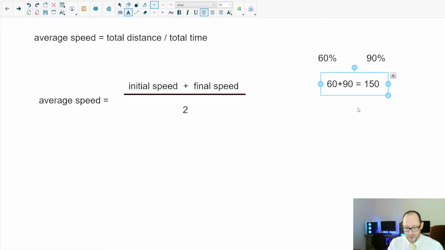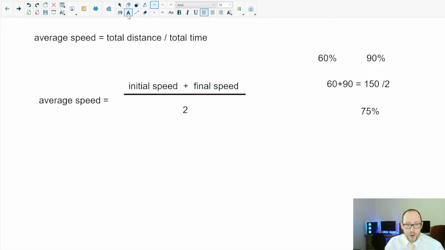Then I would divide that by 2 to give me an average mark of 75%. And that's the same here, that we have two speeds. We have a start speed, a low speed, probably if it's accelerating, and then a larger speed at the end, and we just divide that by 2, find the midpoint between those, and that's its average speed. Is that okay?